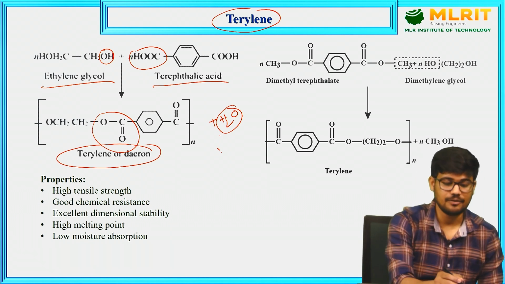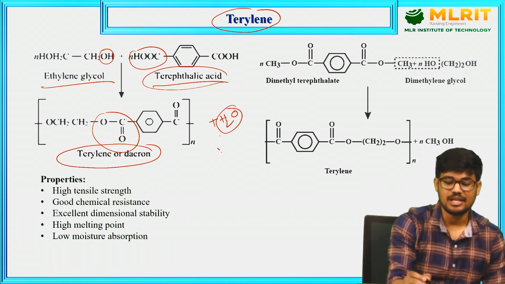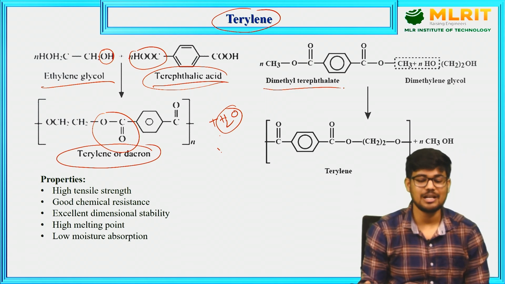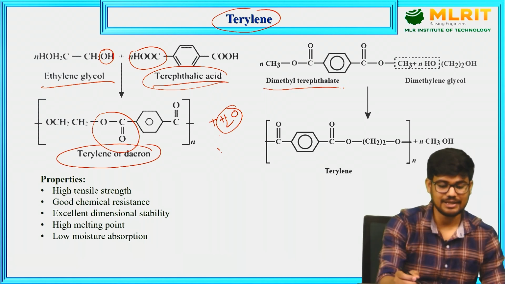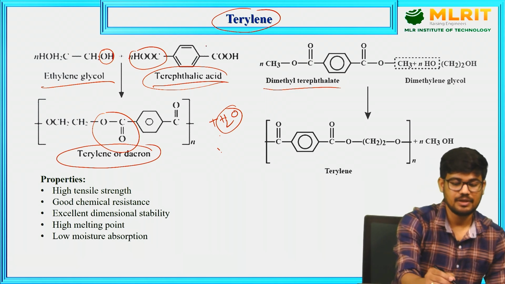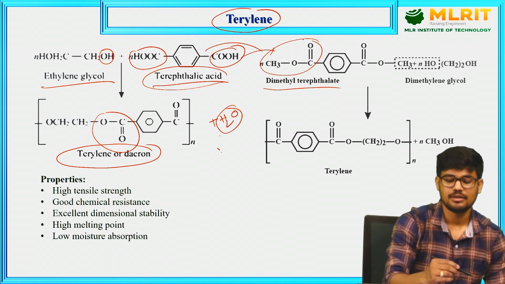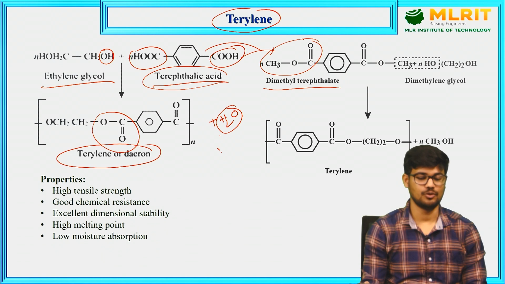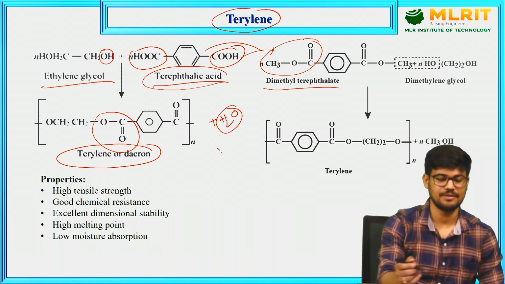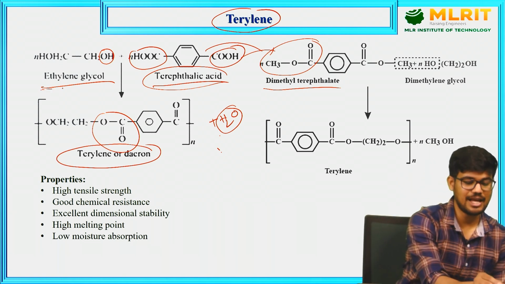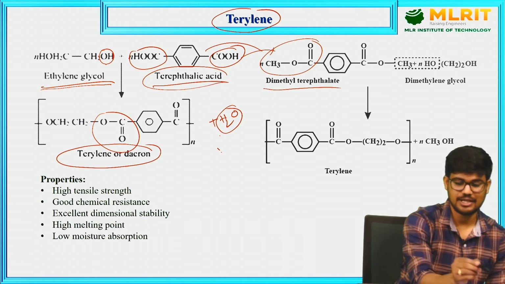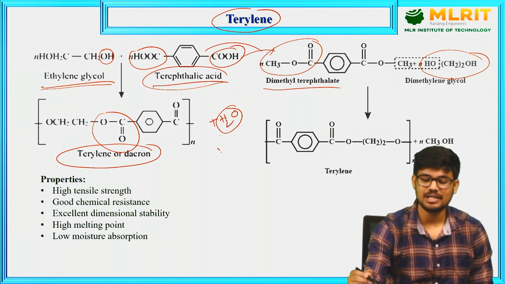See, instead of terephthalic acid, if you consider dimethyl terephthalate, in that case we are just changing the acid group into an ester functional group. From acid we are changing to ester, and here ethylene glycol, CH2OH CH2OH, and dimethylene glycol are the same.